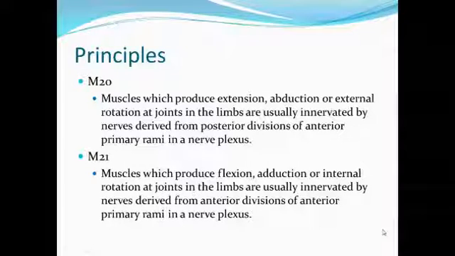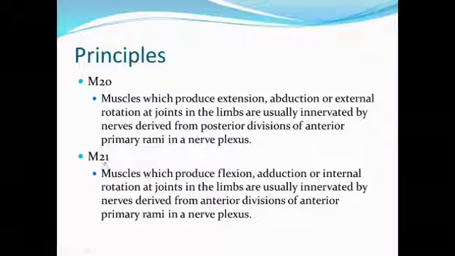Now that you've seen the location on the model, two more principles that we will need for completing some activities are principles M20 and M21. Principle M20 tells us that muscles producing extension, abduction or external rotation at a joint in the limb will be innervated by nerves derived from the posterior divisions of the anterior primary rami of a nerve plexus.